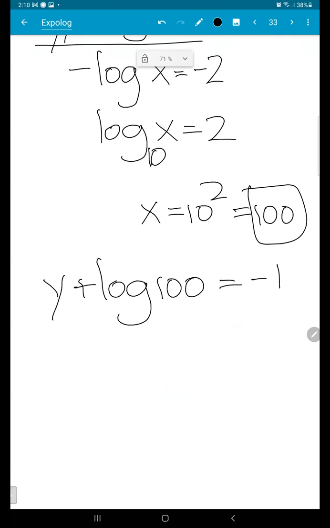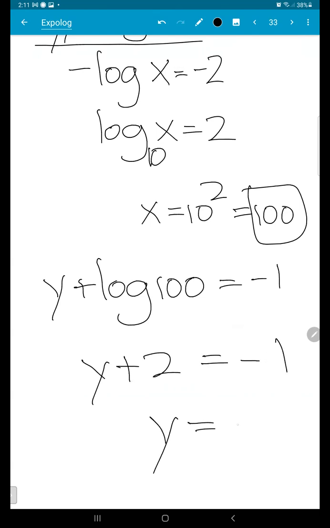That's base 10. What should you raise 10 to get 100? That's 2. Or if you're not sure, but you should be familiar with the definition of the logarithm by now, you can use your calculator. So y plus 2 equals negative 1. So y equals negative 3.